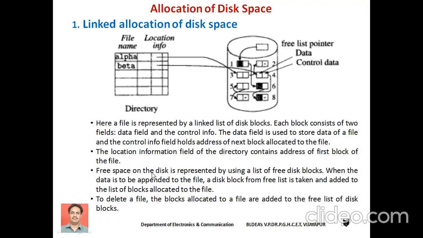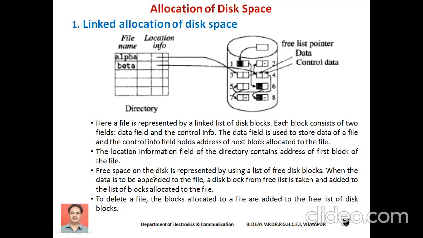Here, the free space on the disk is also represented by using a list of free disk blocks. When data is to be added to the file, a disk block from this free list is taken and added to the list of blocks allocated to the file. We simply maintain a list of free disk blocks, and when the content of the file increases, a free block from this list is taken and added to the list of blocks allocated to that particular file.